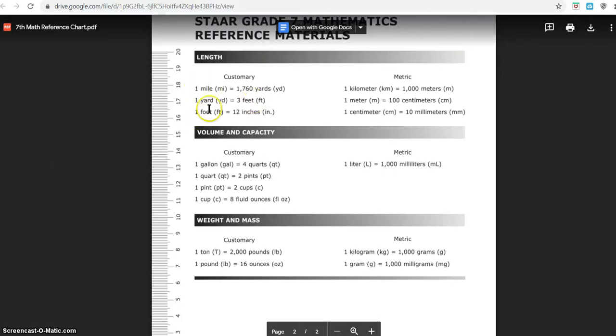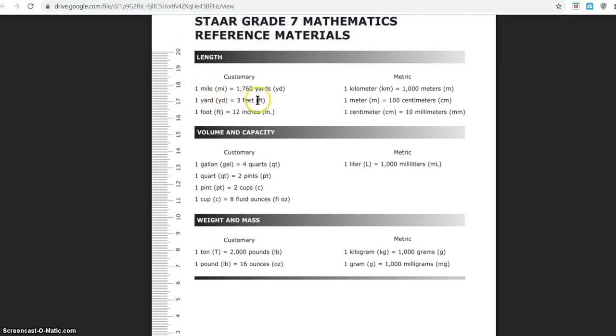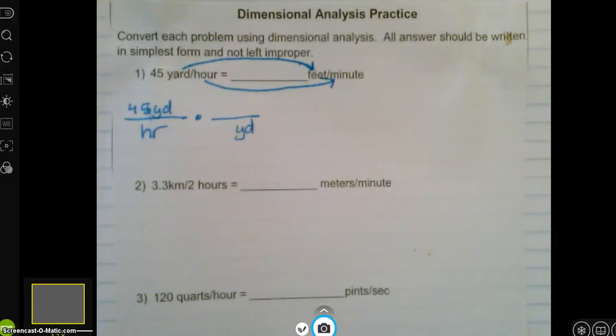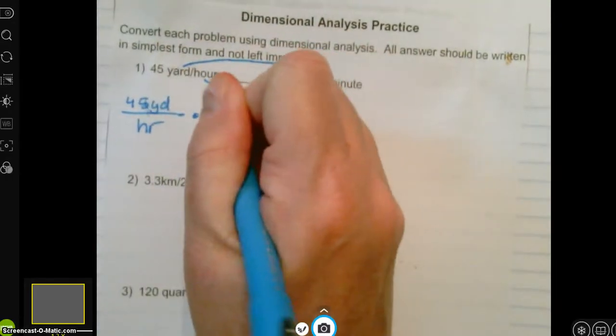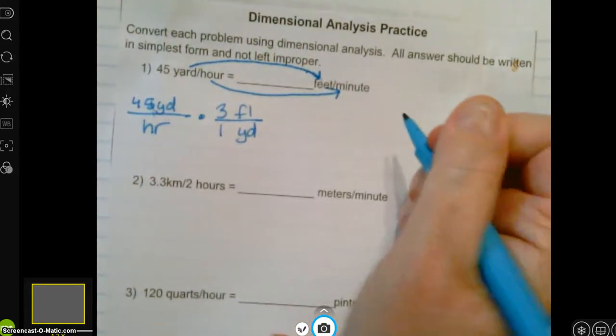So right here, yards and feet. 1 yard is 3 feet. So since there is a direct conversion, I'm going to go on and put it here. 1 yard is 3 feet.